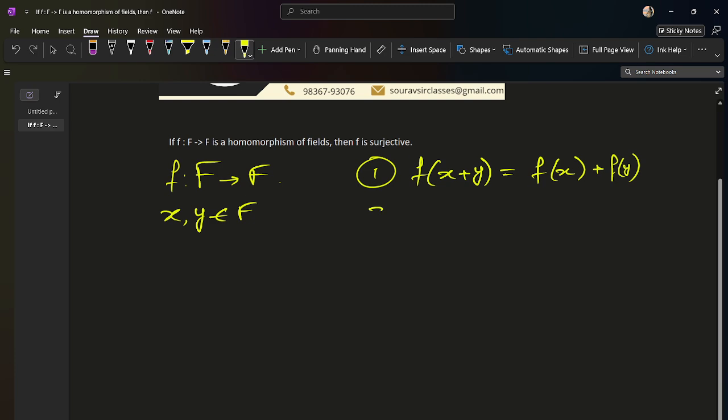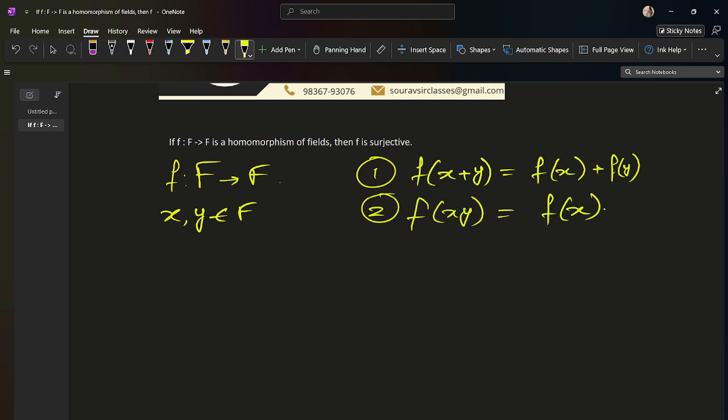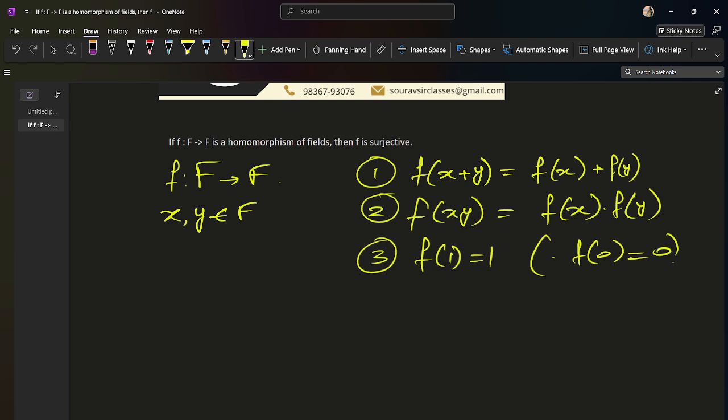The second property is f(xy) = f(x) times f(y). And the third property is f(1) = 1, and f(0) = 0.